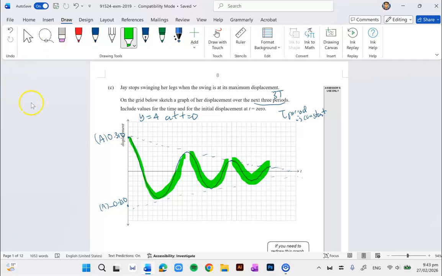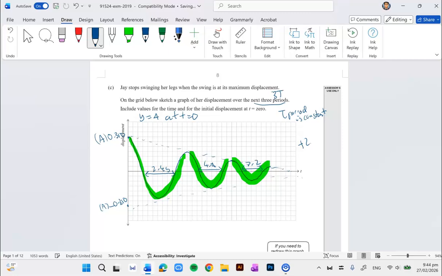So we do have to label them. This section here is going to be your 2.4 seconds, and remember the time period's the same, so that's going to carry on. This is going to become 4.8, and this is going to be 7.2. It goes up by 2.4 every single time.